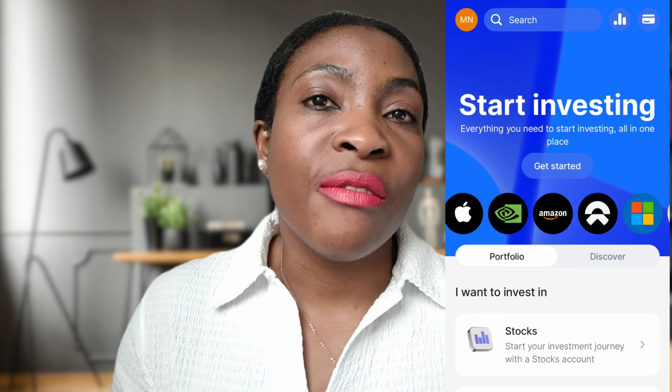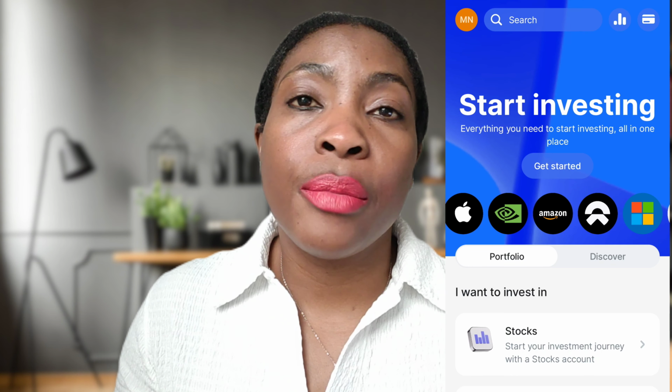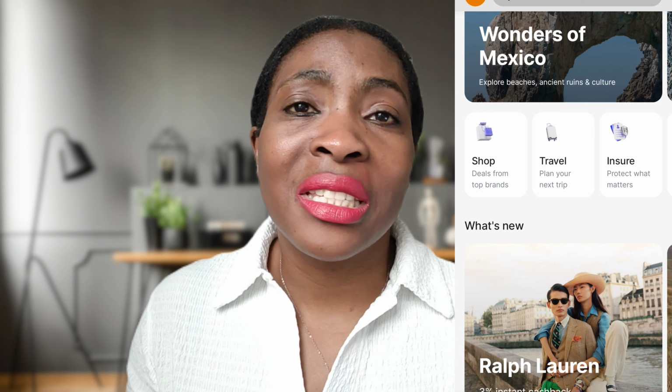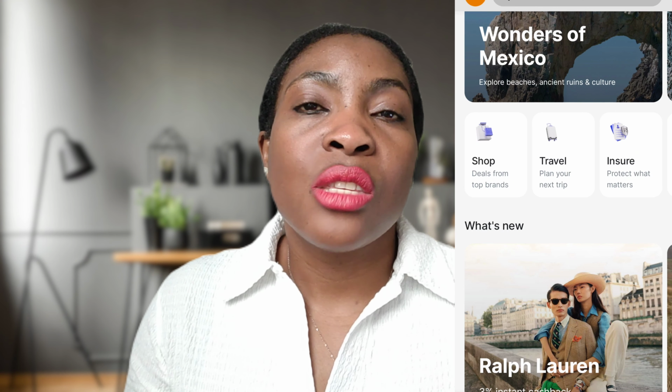With Revolut, you are able to transfer money internationally, you can invest in stock, you can open up a bank account, and they offer you a debit card virtually as well as physically, and they offer various functionalities for budgeting and saving. So it's more like a bank, but it's an e-money institution, not fully a bank.